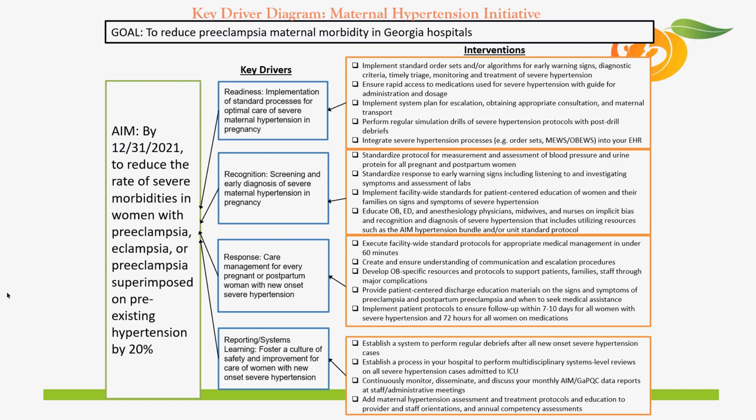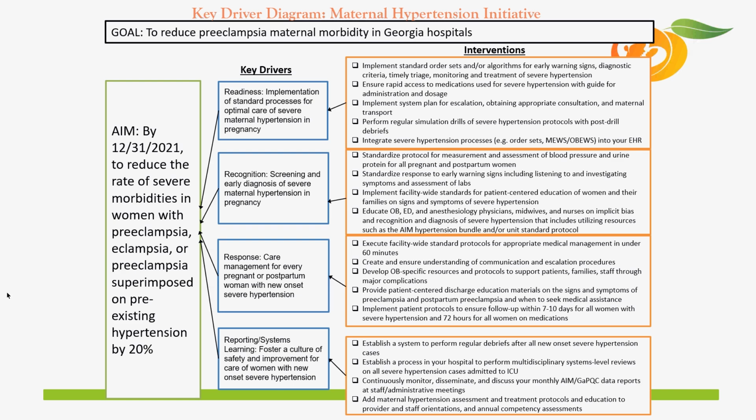The other thing that we'll talk about later today is that we'll be collecting data on time to treatment and be able to look at whether there are any differences at the hospital level in time to treatment based on race and ethnicity.